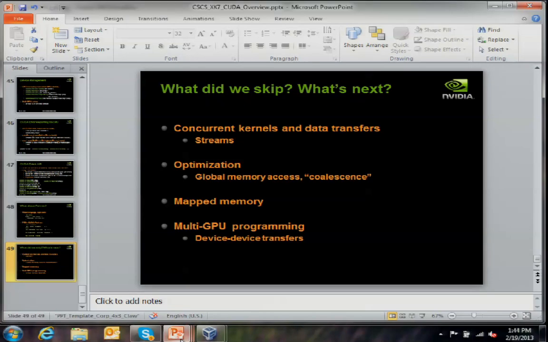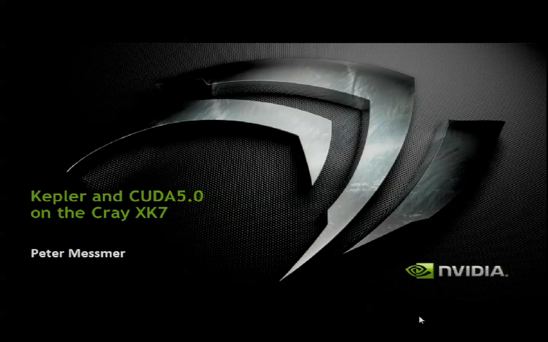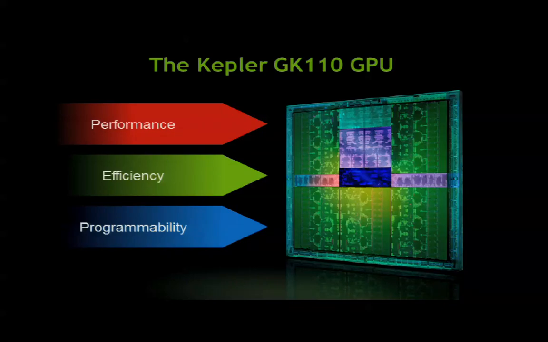Okay, now coming to this afternoon's topic, which is CUDA 5 and Kepler. So first, I want to talk a bit about Kepler itself, what the chip does, and what the design decisions were behind it. And then later on come to some of the new features that are supported by CUDA 5.